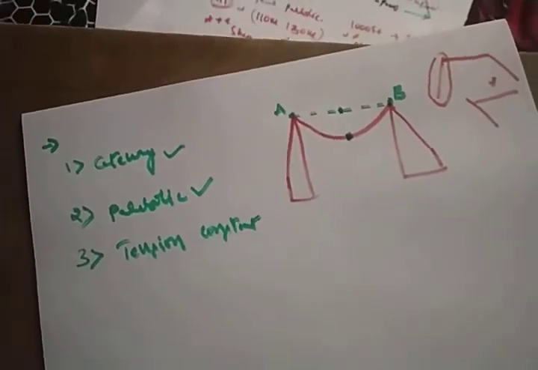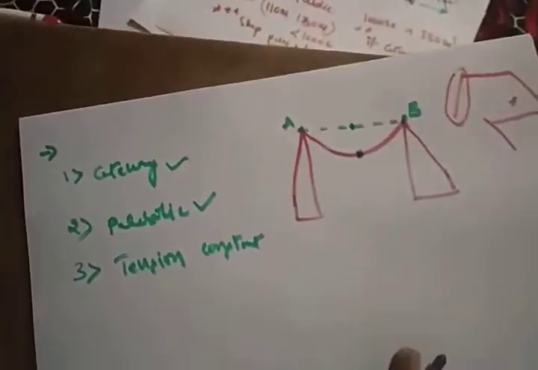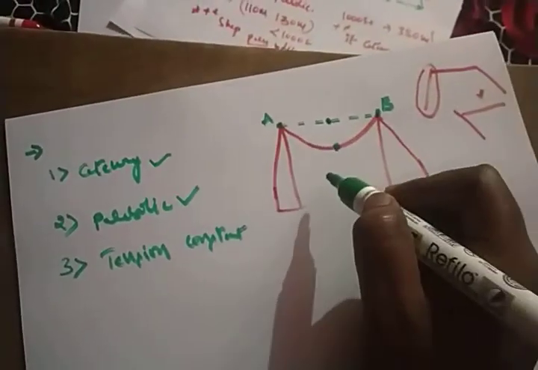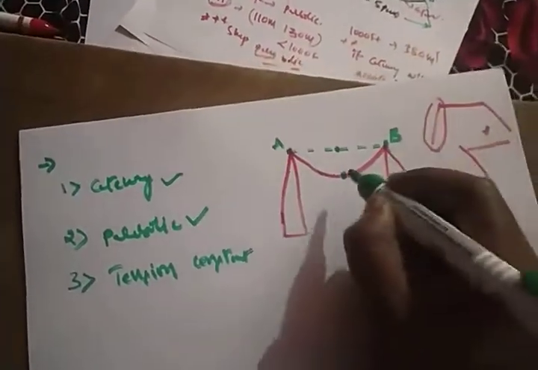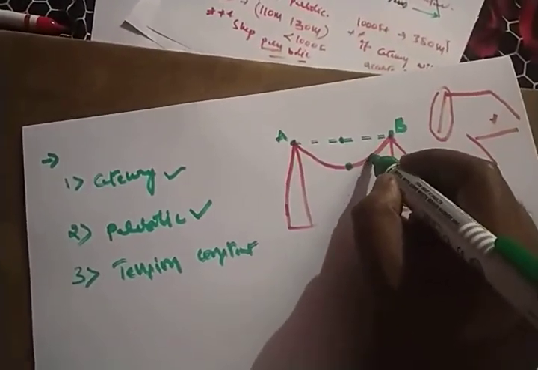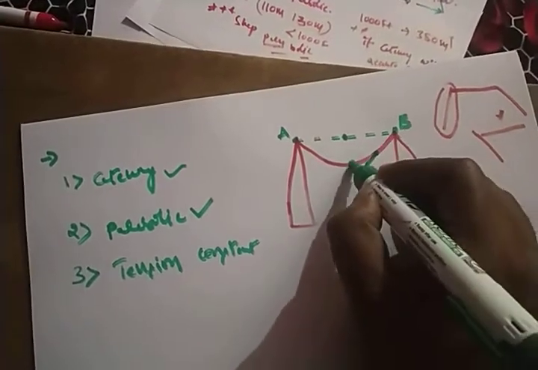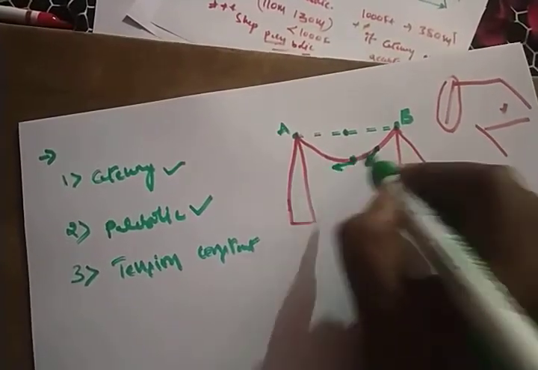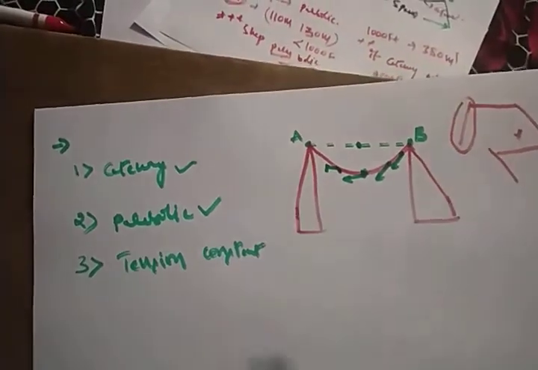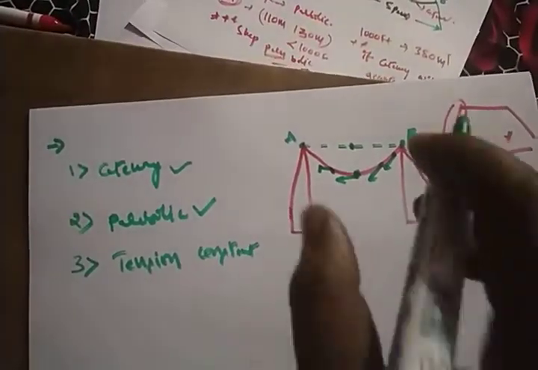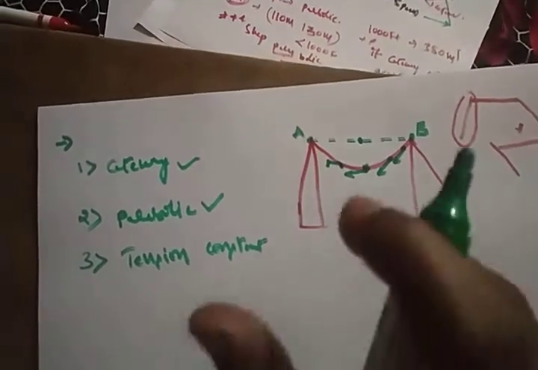So this is another influence. Always, tension should be placed in a tangential direction. If you take a point here, the tension will be tangential, and if you place it here, the tension will be tangential. That means at each and every point the tension is a constant value.